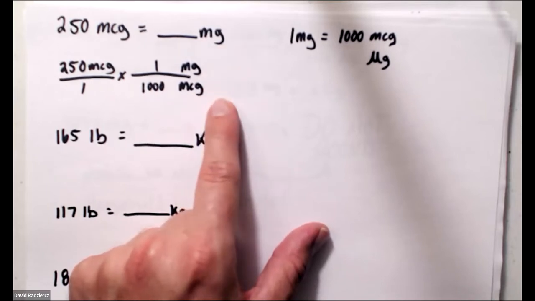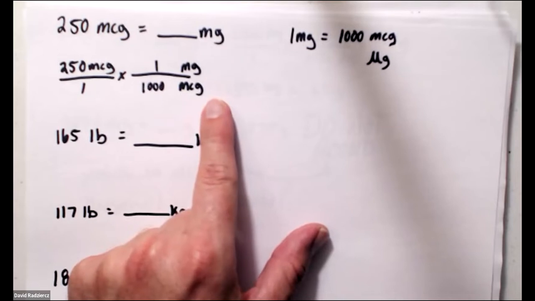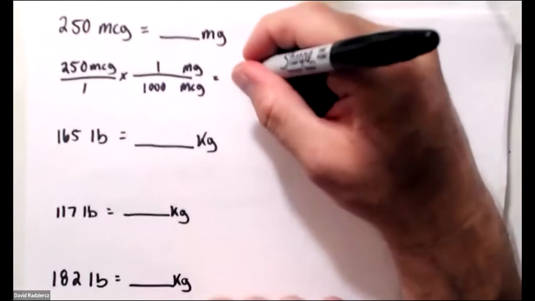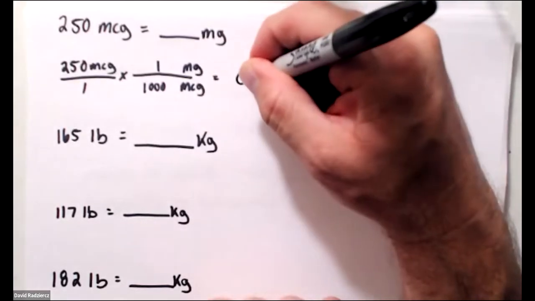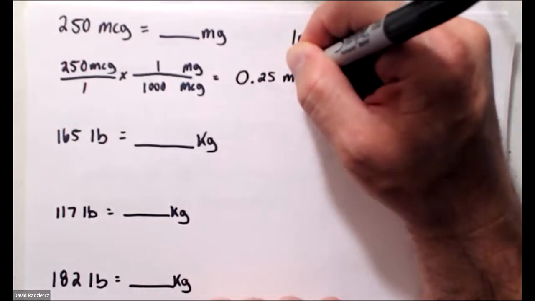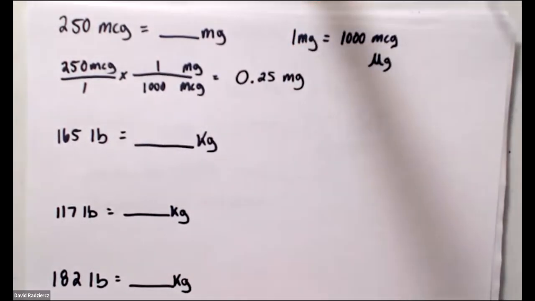This is a strategy just to kind of help anchor which way to go with the information. And then my answer is going to be leading 0, 0.25 milligrams. So get rid of the trailing 0. You don't need it. 0.25 is your answer.